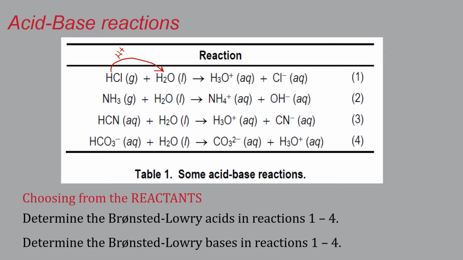And if the proton went from HCl to H2O, then this guy here is going to be our Bronsted, that's an L, believe it or not, Lowry acid. And this guy right here is the Bronsted-Lowry base. Now, using that as a model, hit pause and look at the other three.